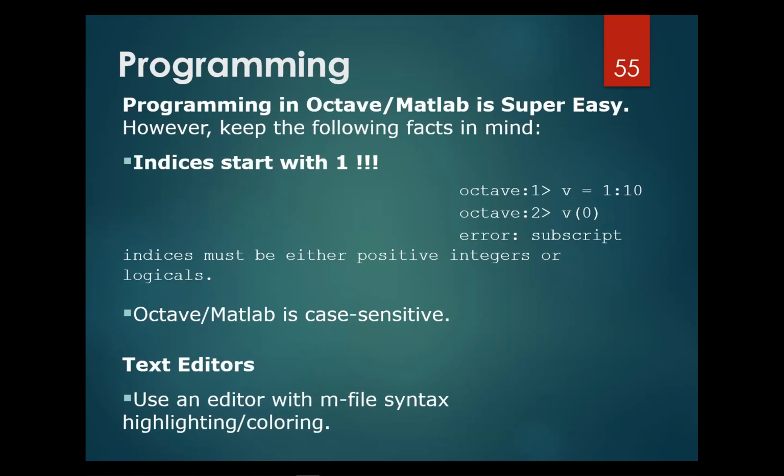You can even type your code in Notepad and save it as .m, and it will be an M file. Or you use the Octave special text environment, which has other properties that will help you with your coding. So these are things that you have to note regarding Octave/Matlab programming.